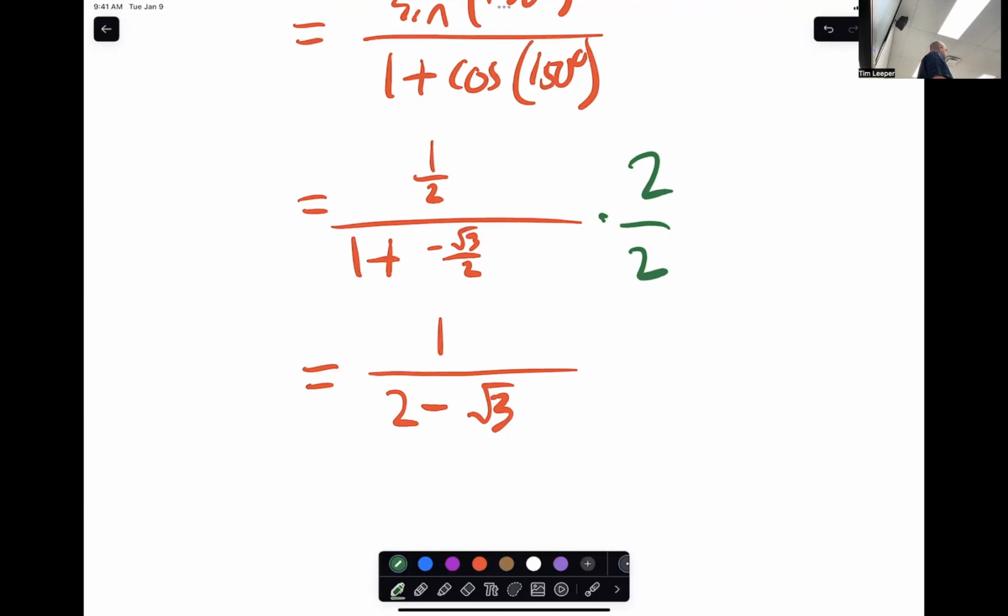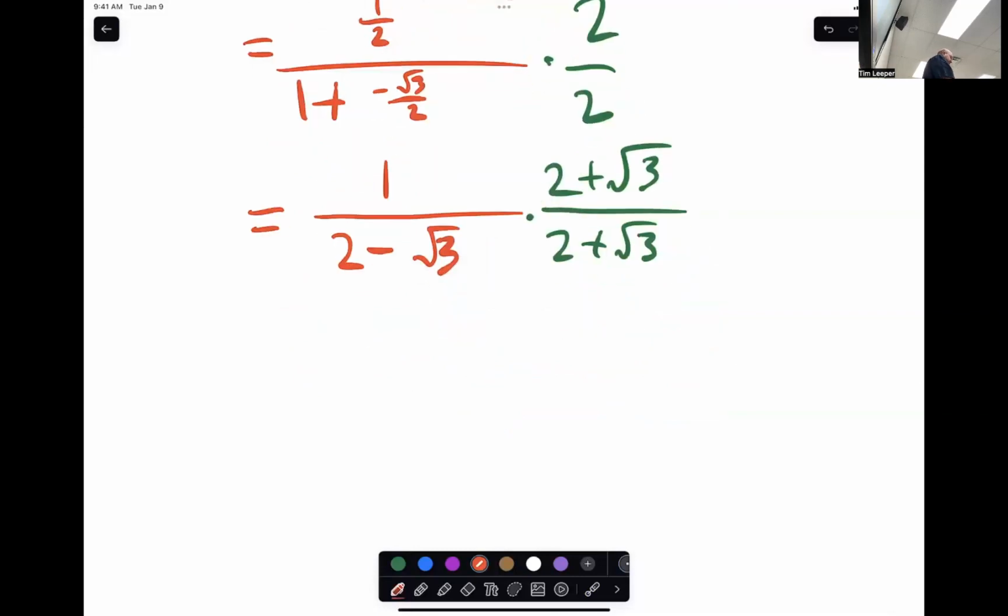But we generally don't like having a radical in the denominator, which is the reason why we're going to need to multiply both the numerator and denominator by the conjugate of the denominator, which would be 2 plus the square root of 3. So distribute the 2 plus square root of 3. That gives me 2 plus square root of 3 in the numerator.